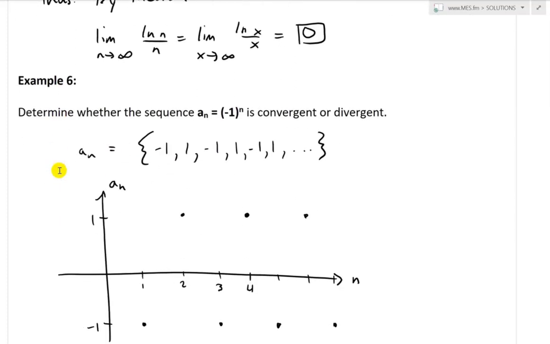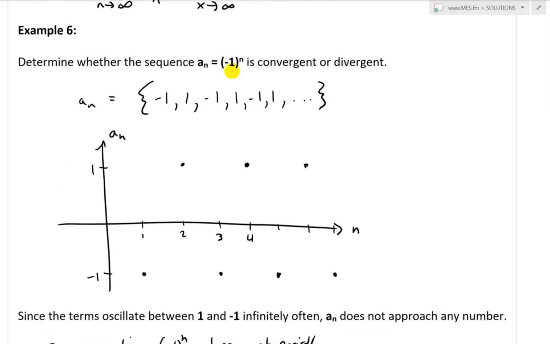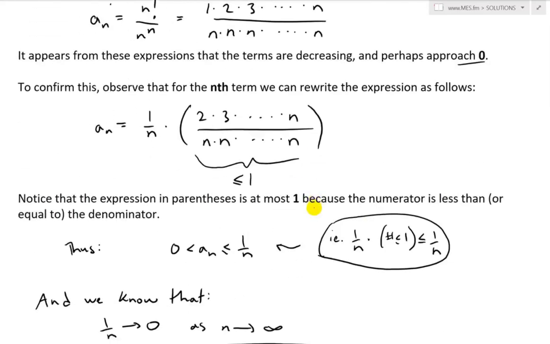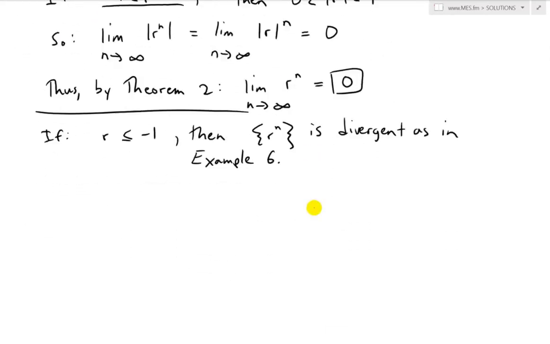Remember, for r equals -1, this just goes back and forth: -1, positive 1, -1, positive 1. But if r is less than that, for example -2, then -2 to the power of 1 is -2, and -2 to the power of 2 is positive 4. So it's going to be bigger and bigger. It goes back and forth, but even farther out to infinity. So that's also divergent.